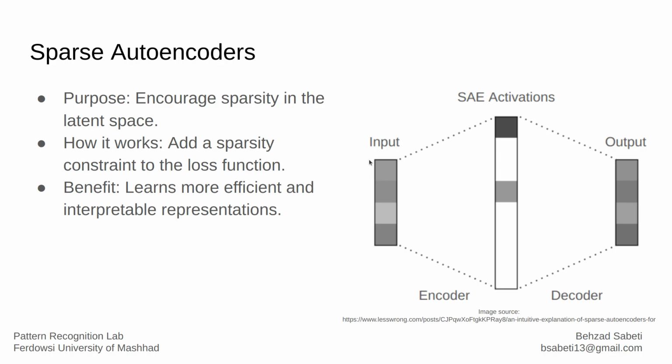But here, as you can see, the input layer is, I don't know, 1, 2, 3, 4 dimensions, but our latent space has more dimensions, and it's just for learning more efficient and interpretable representations.